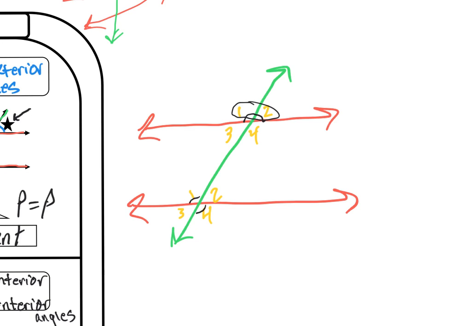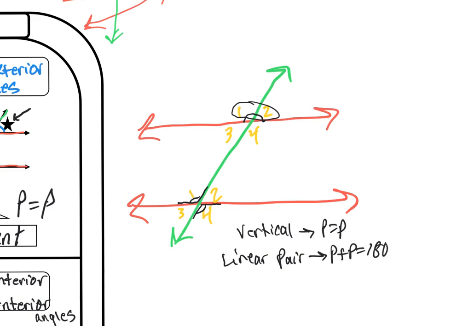Those are congruent angles. These angles are called vertical angles. They form opposite V's, and vertical angles are always congruent. So again, for vertical, we should be thinking part equals part, and for linear pair, we should be thinking part plus part equals 180. Make sure we don't forget about those.